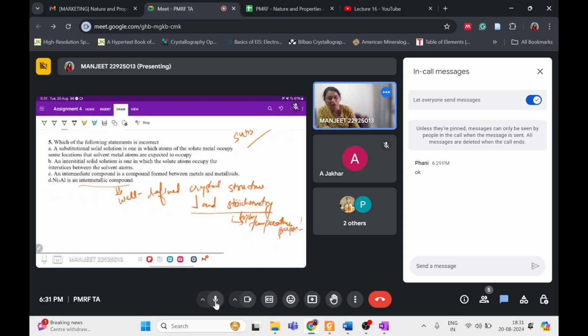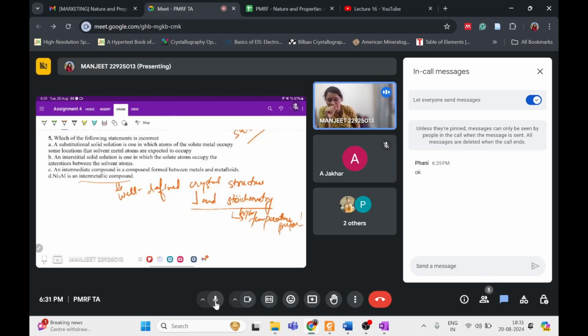So now we have discussed all about the solid solution and this part. Now you have to tell me which statement is the incorrect one, either A, B, C or D. It's not necessarily two or three; one is incorrect.